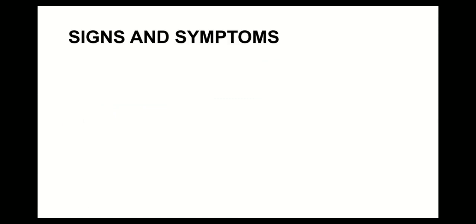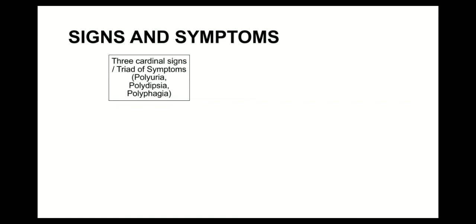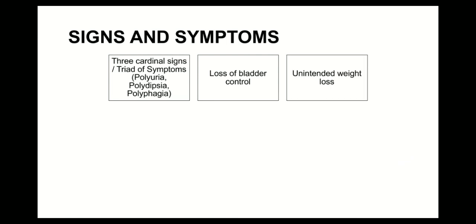So polyuria, polydipsia, and polyphagia are the three cardinal signs of type 1 DM that are presented as a sign and symptom. Also, there is loss of bladder control, especially in children who were newly toilet trained, or especially at nighttime. So children will have urinary frequency during the night.